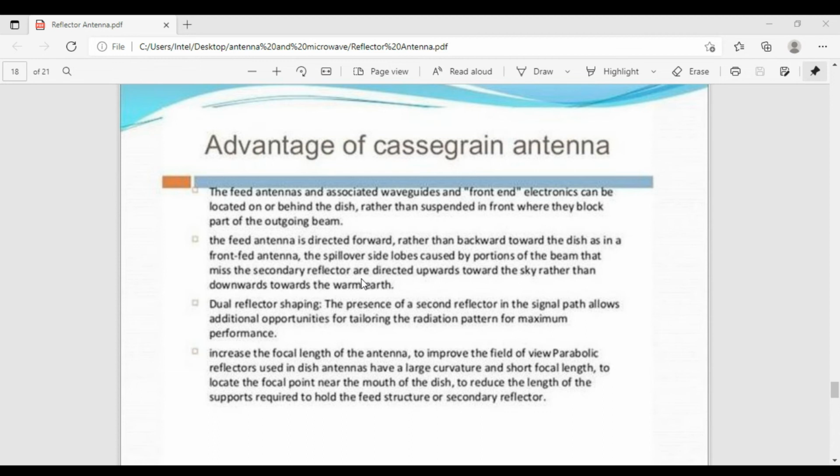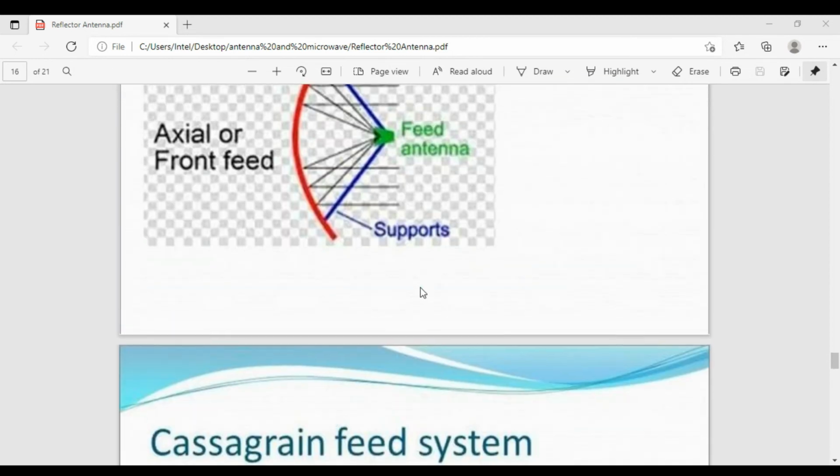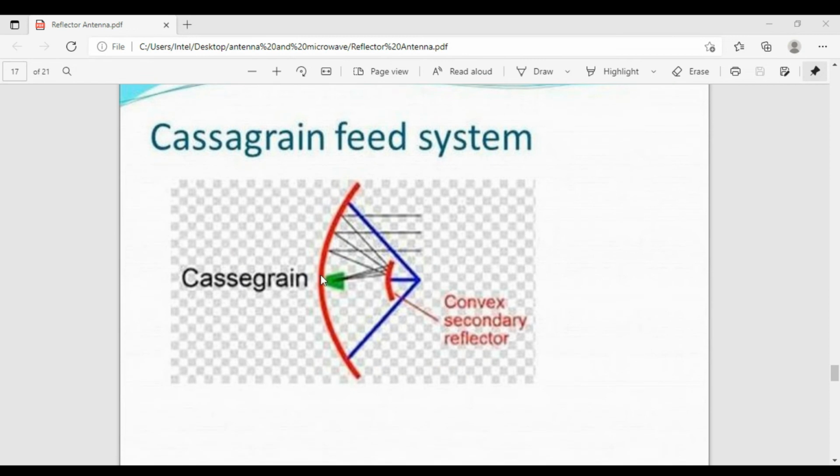So here the Cassegrain feed system has one drawback. Here the signal is coming from the primary antenna. This is the hyperbolic reflector. In the area where the hyperbolic reflector is located, we cannot receive the signal from the reflector because it is blocked.